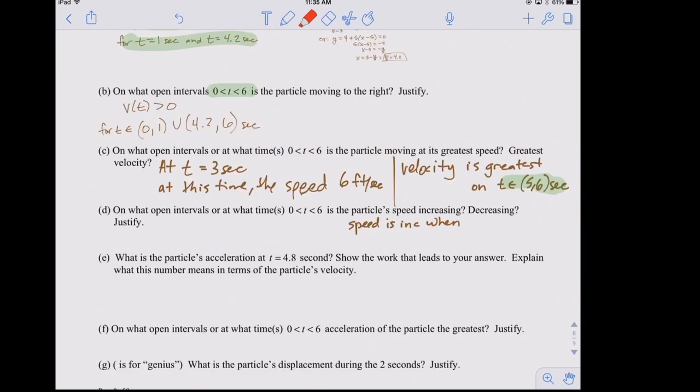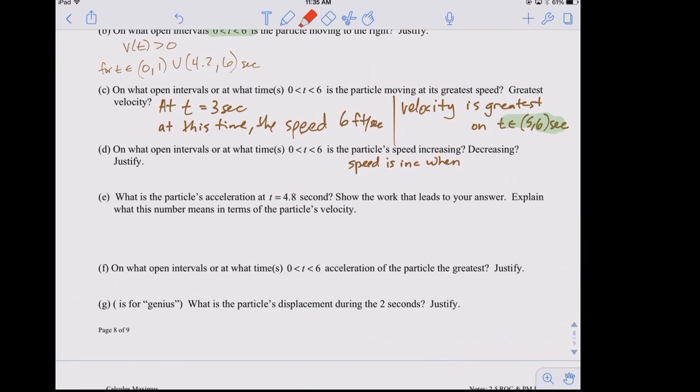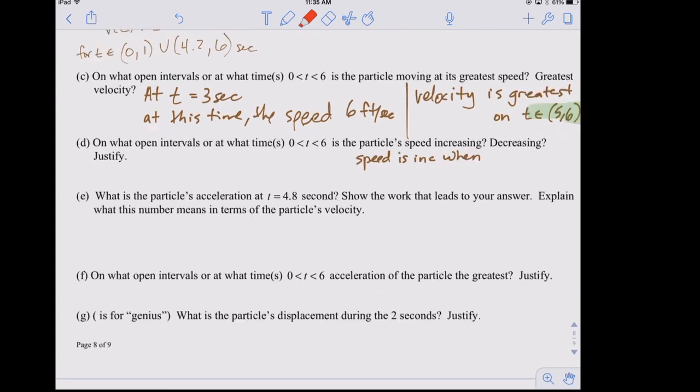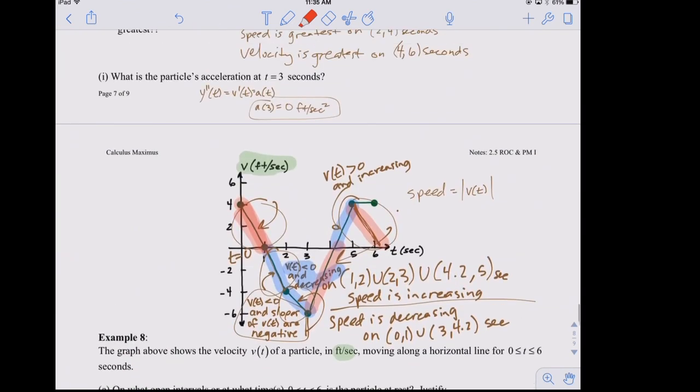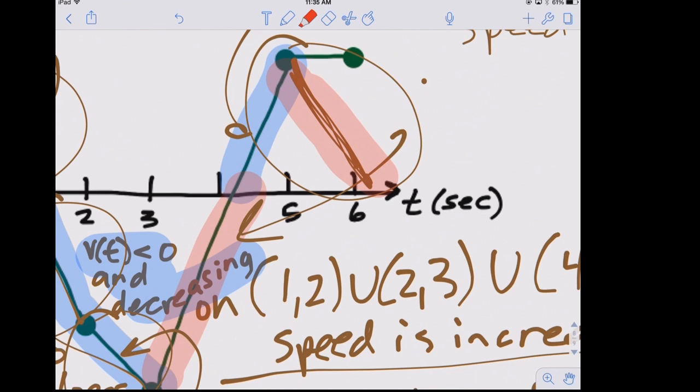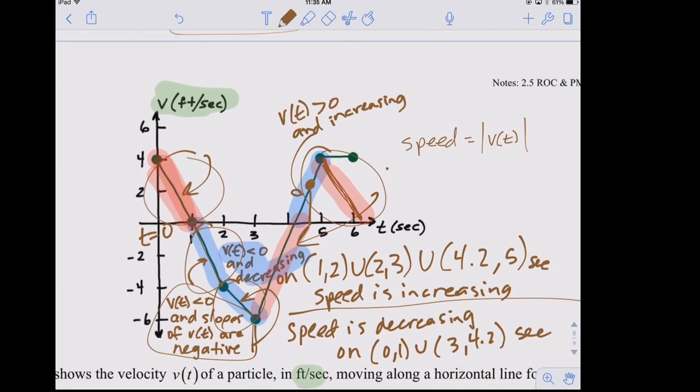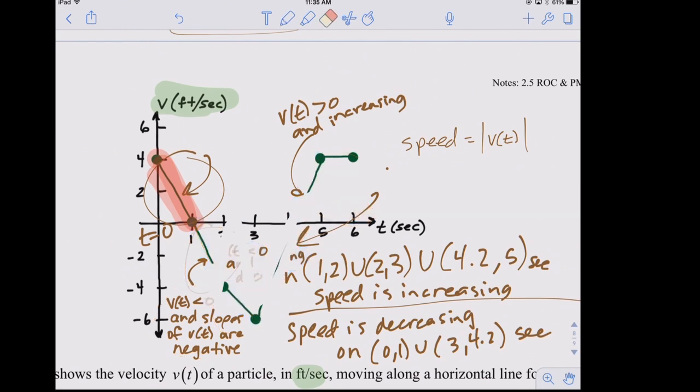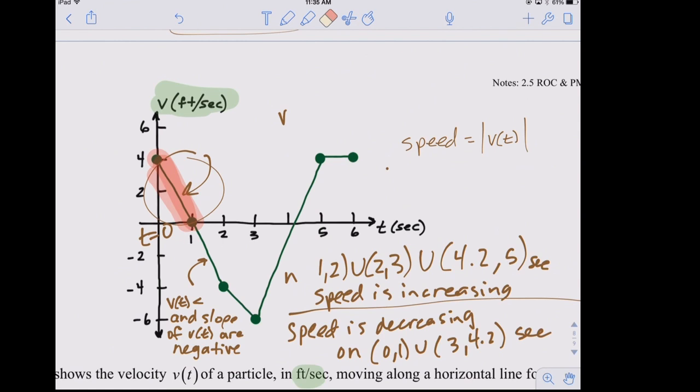You'll practice that in the worksheet. Let's see if we can keep going here in 5 minutes. What is the particle's acceleration at 4.8? Well, 4.8 is going to be right before 5. And the acceleration is the what of this graph? The slope. Did we already find the slope of that line? Yeah, so what was the slope?